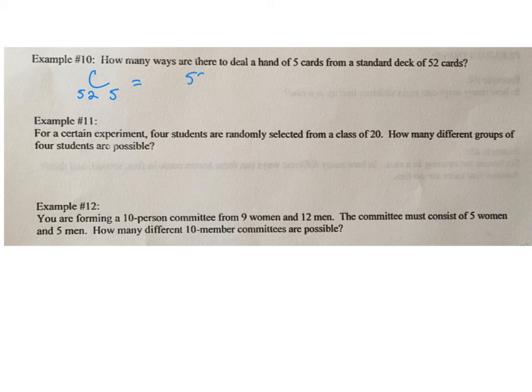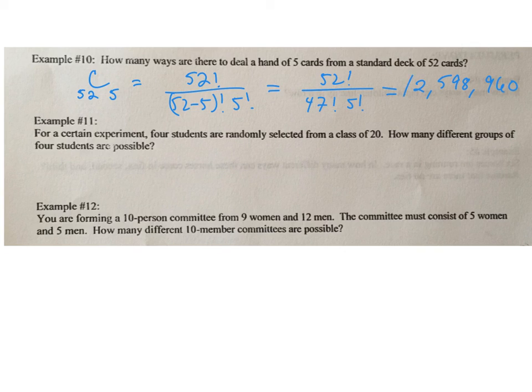This would be 52 factorial over 52 minus 5 factorial times 5 factorial, so 47 factorial times 5 factorial. At this point, you can put all of that in your calculator because these are some really big numbers, and you should get 2,598,960.